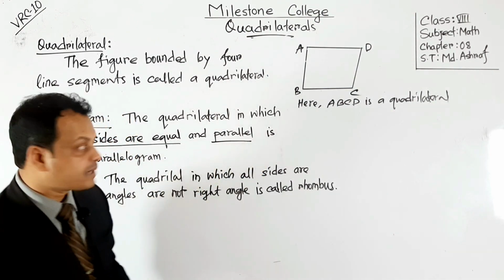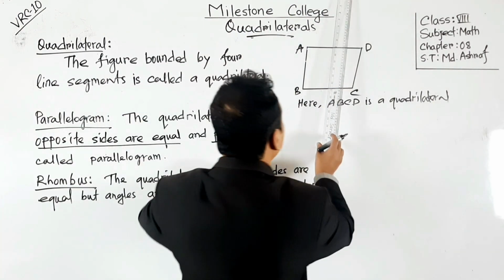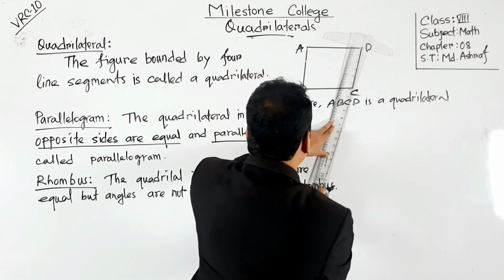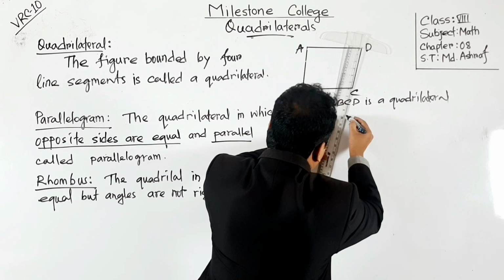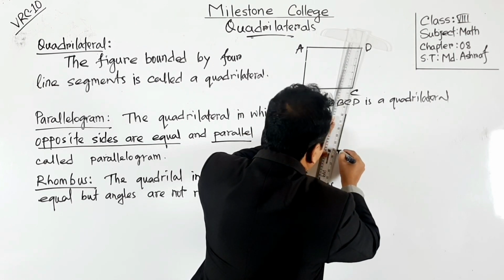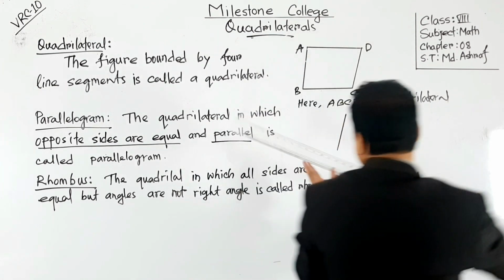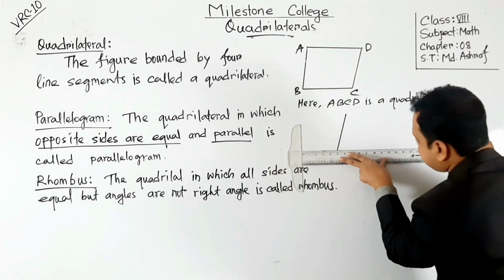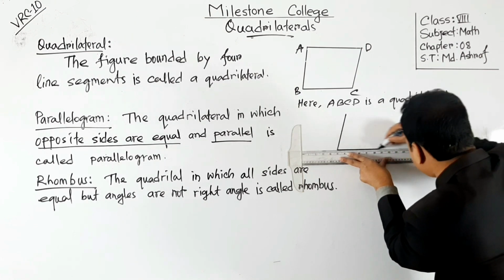So, let us draw this type of figure. You can take the length of one side as 5 centimeter. So, this length is 5 centimeter. Okay. Then length of this side is 10 centimeter. Then it will be large, 10 centimeter.